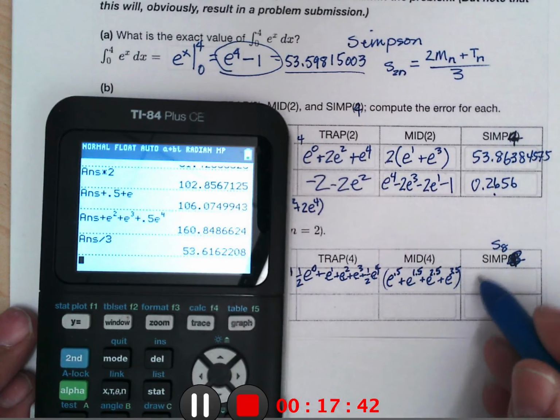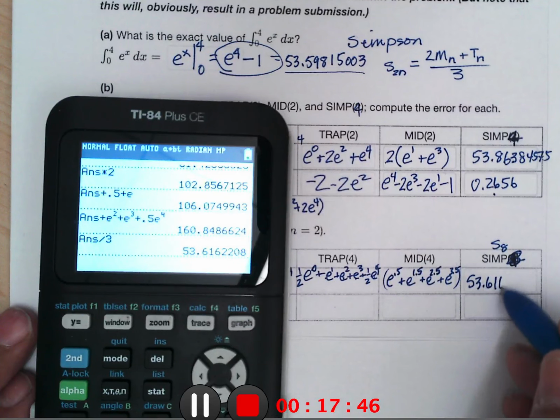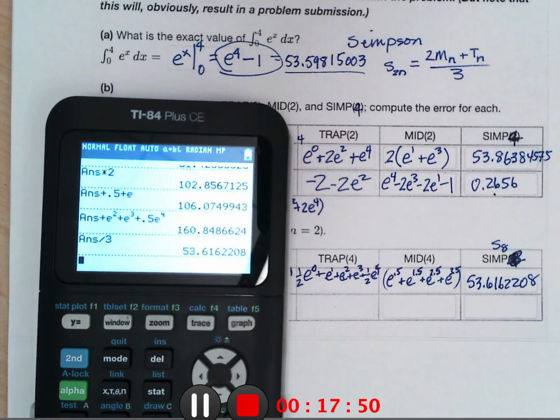That's 53.616228. And if I subtract the correct value to find the error, either way, the difference in them.